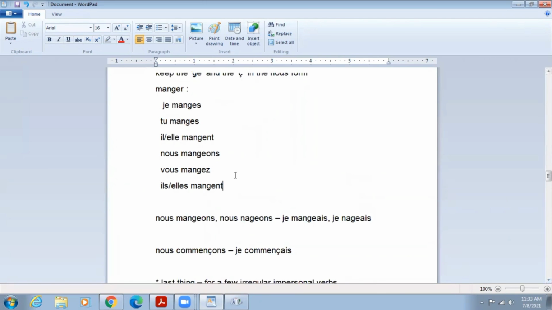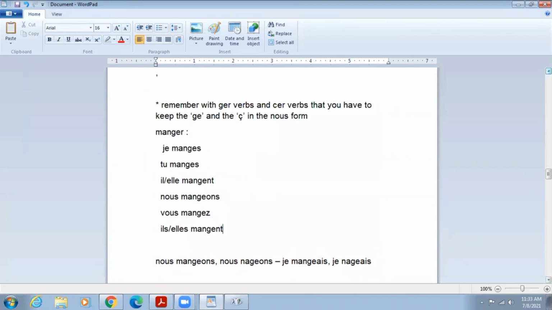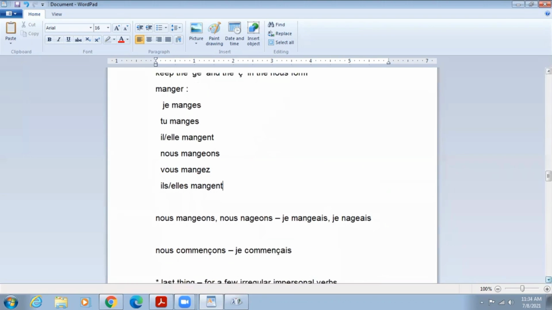Now let's come to imperfect form. So in this case, when you're working with a GER verb and using the same verb for the imperfect, then instead of ONS, you have to take EONS. So basically, not ONS only, but EONS. For example, we have manger.